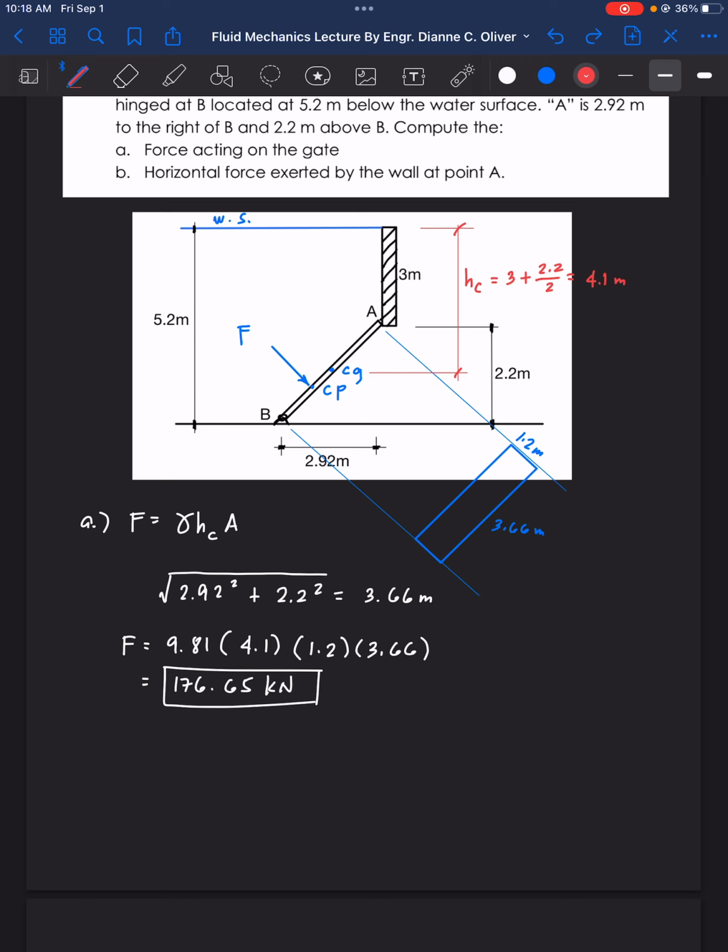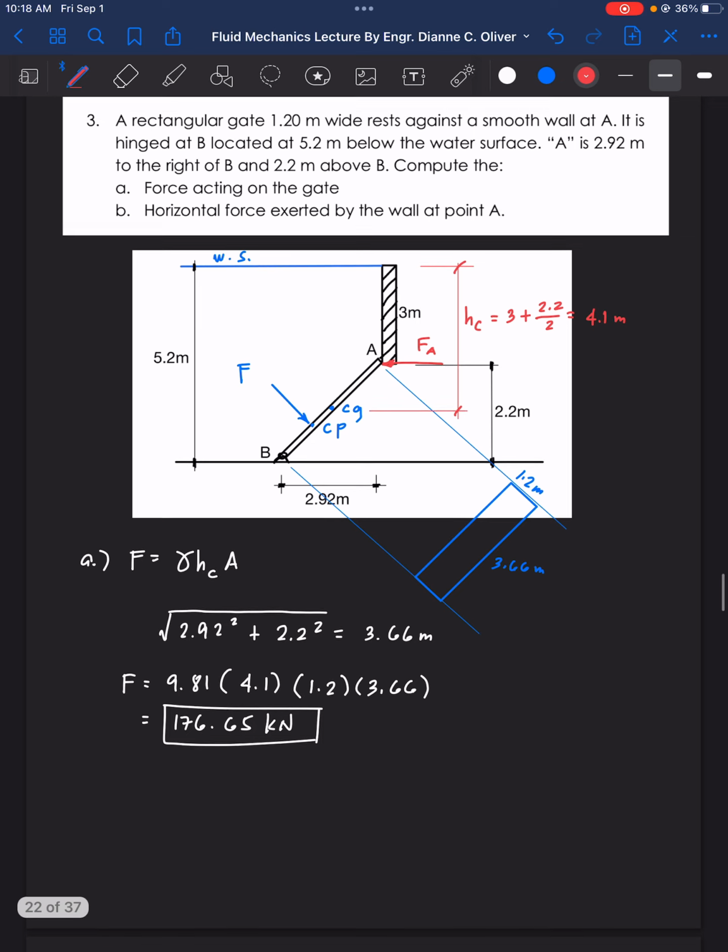But then again, we are dealing with this wall here, therefore the force is to the left. So we're looking for the horizontal force at A.